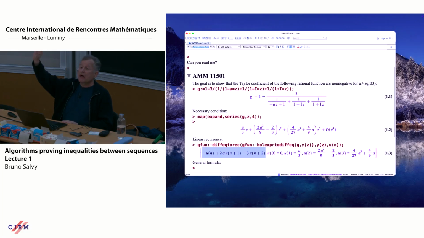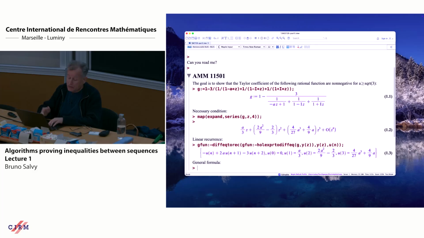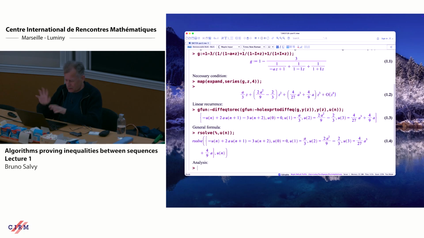There's an implied equals 0 in this. So this is the recurrence, and those are the initial conditions. You have 4 initial conditions. That's because the recurrence doesn't start immediately. Maple's rsolve is unable to do this because it doesn't like so many initial conditions, so it returns nothing.